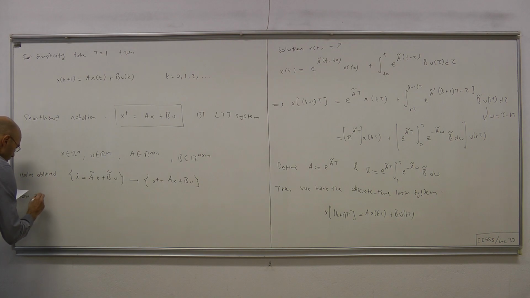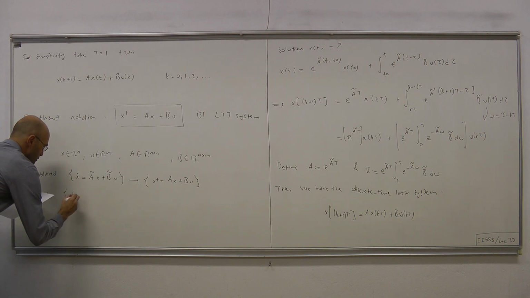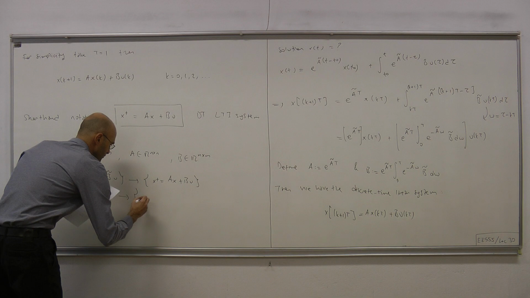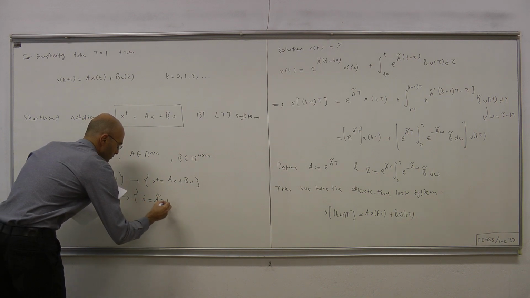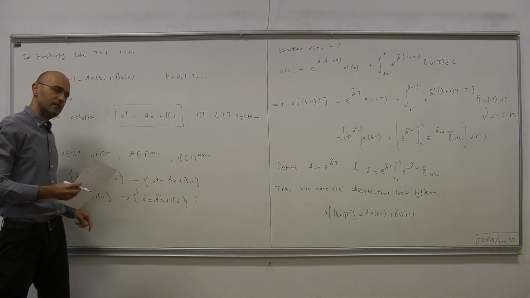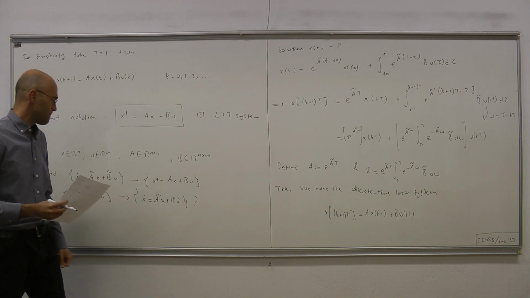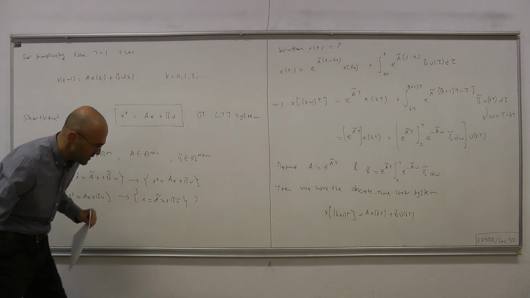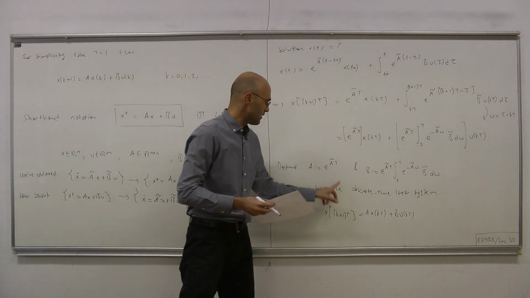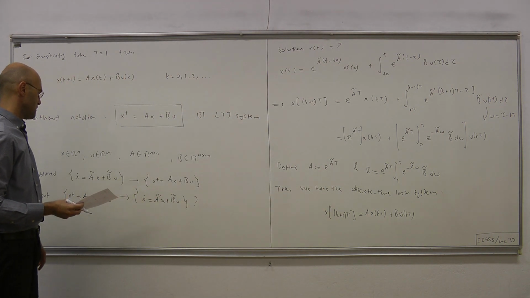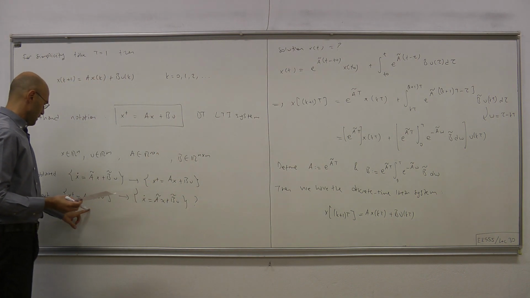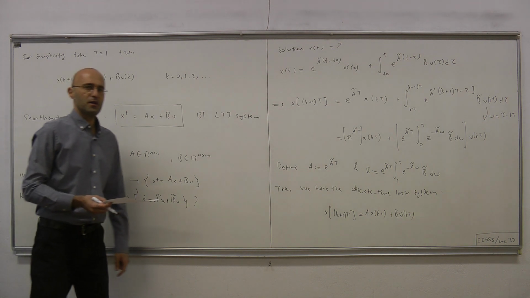How about the other direction? That is, suppose that we're given directly a discrete time system. Can we find Ã, B̃, and a sampling period capital T, such that the triple Ã, B̃ and T yields these discrete time matrices A and B?